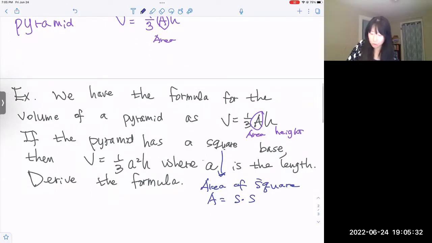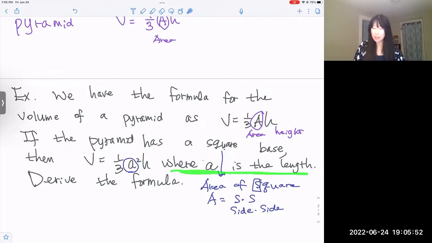We're just using S for side, right? Side times side. In this case, they are using A as a side. They say that where A is the length of the base.